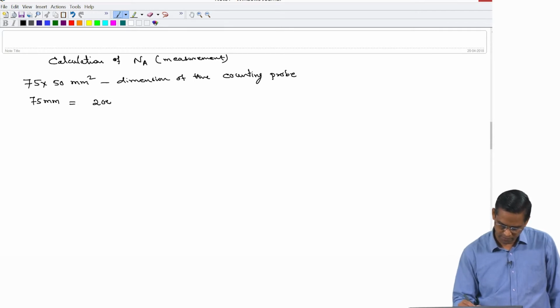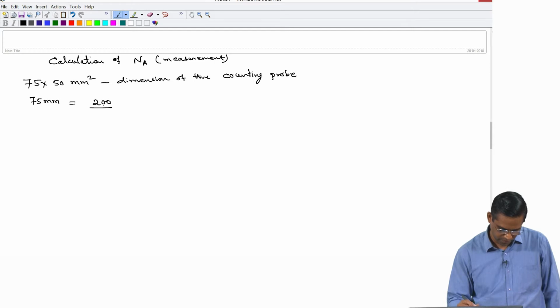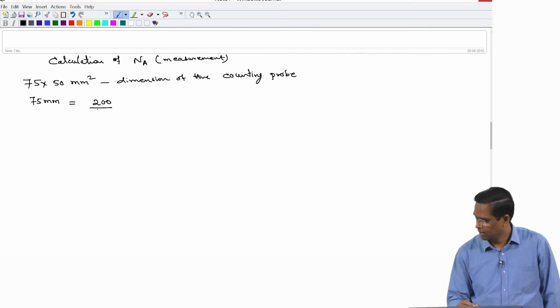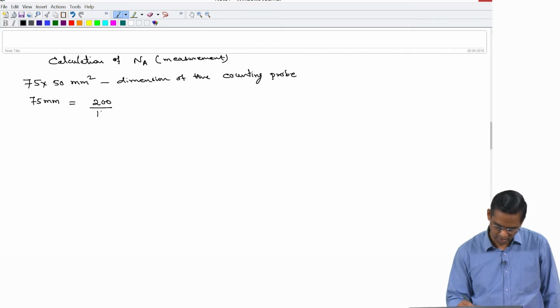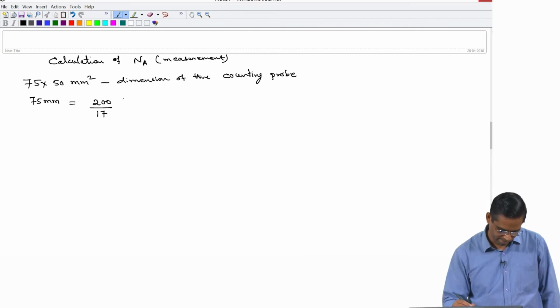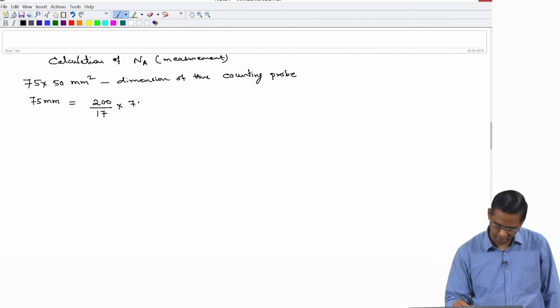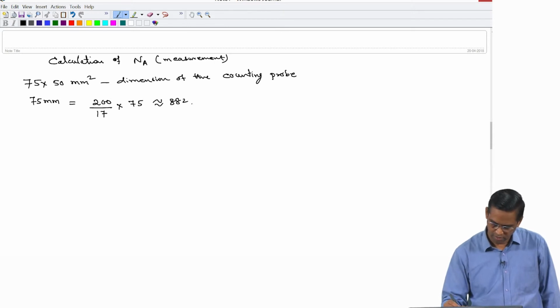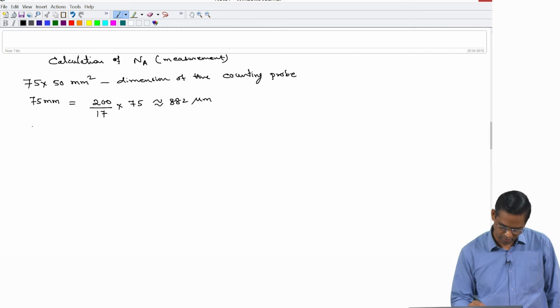So, this is similar exercise what we are doing. So, this is again 200x magnification. So, similar exercise we have to do. Into 75, which is approximately 882 micron meter, and 50 mm. This is, we have done it earlier, so we can do it.